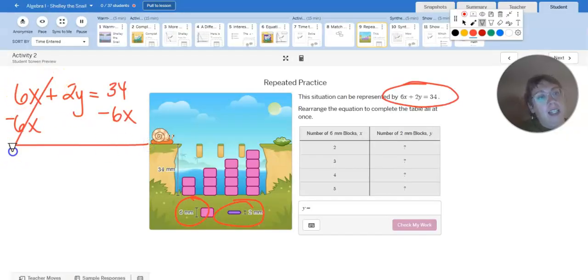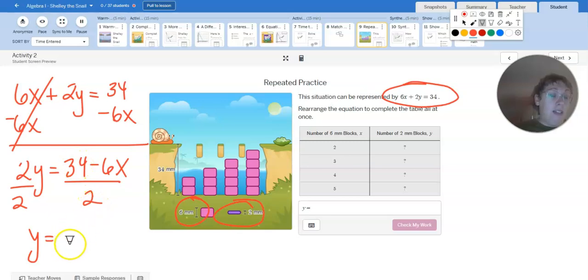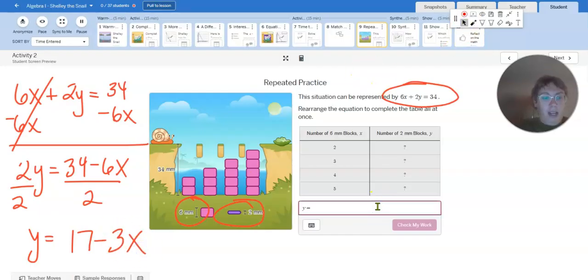We'll subtract our 6x term first, and then we get 2y equals 34 minus 6x, and then divide everything by 2. So we get y equals 34 divided by 2 is 17, 6 divided by 2 is a minus 3x. So let's try it out.